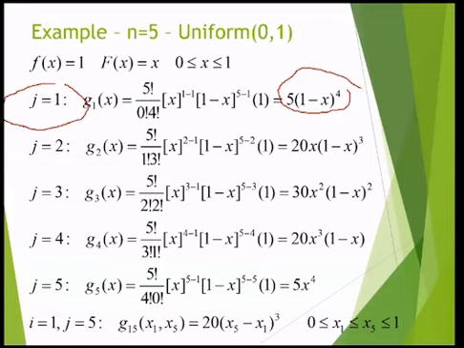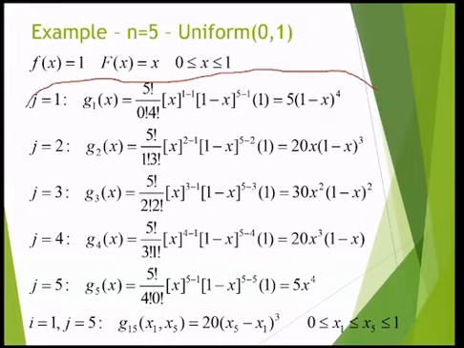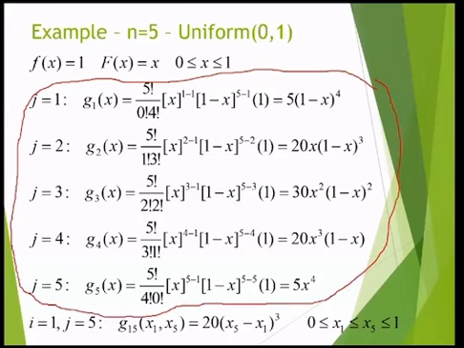Any question on this? Now I wanted to take note of this. If I figure out j equal to 1 up to j equal to 5, take a look at the bottom one. Somebody asked to figure out the distribution of x1 comma x5. There are two ways you can get that.